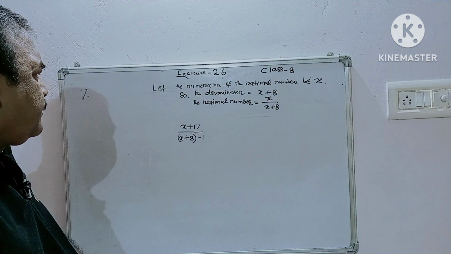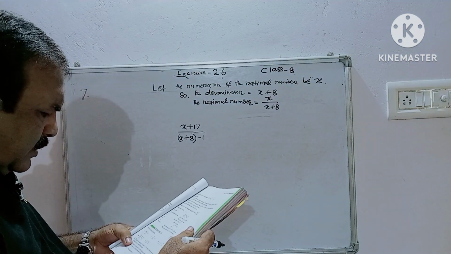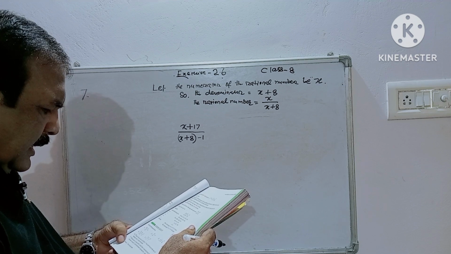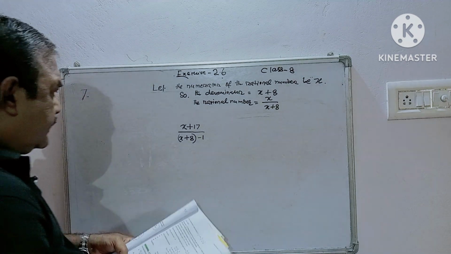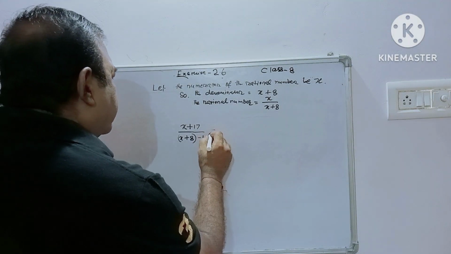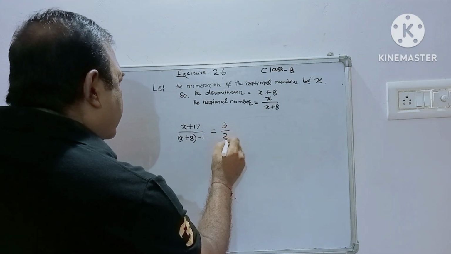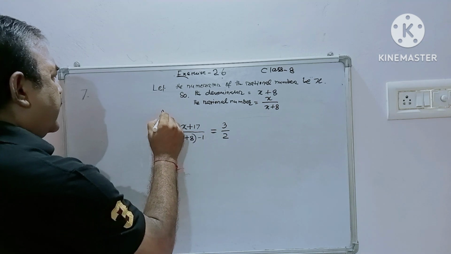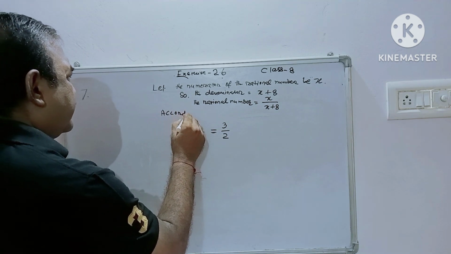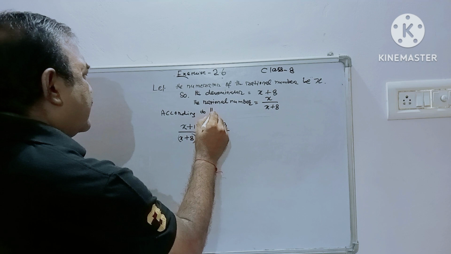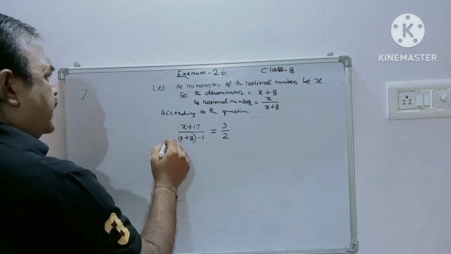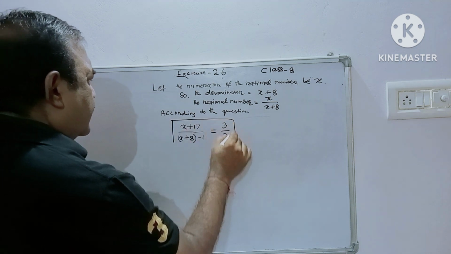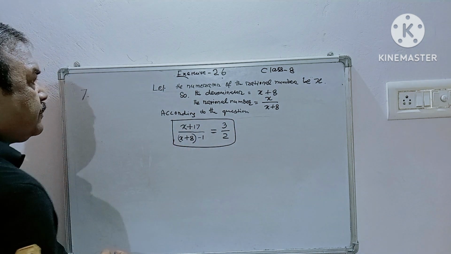Now the number obtained is 3 upon 2. So you write according to the question. This is the equation and we have to find the solution.